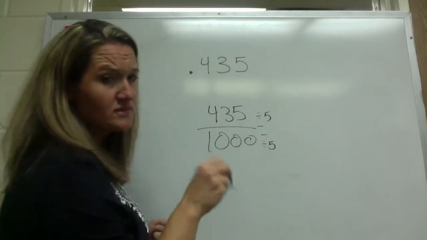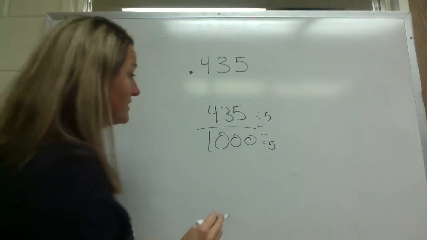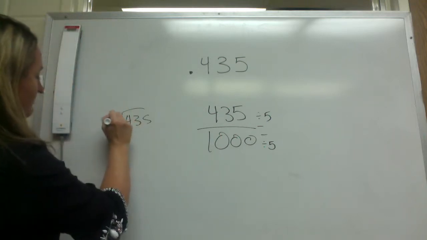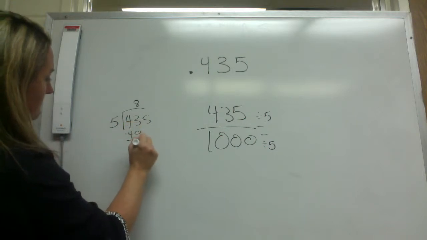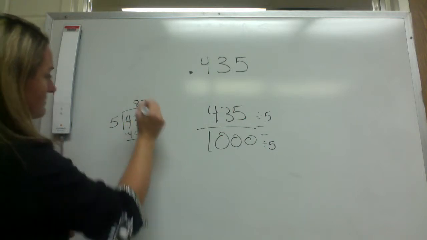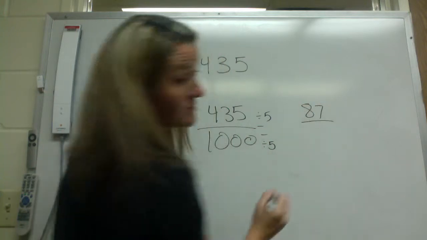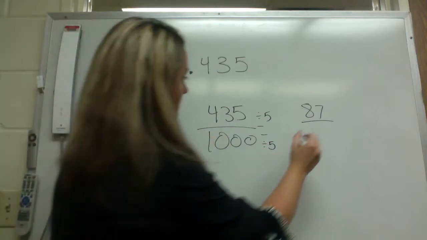With these bigger numbers, the hardest thing will probably be simplifying. So 435 divided by 5 is 87. The good news is there's not too many numbers going into 87, so we might be at a stopping point. And then this would be 200.